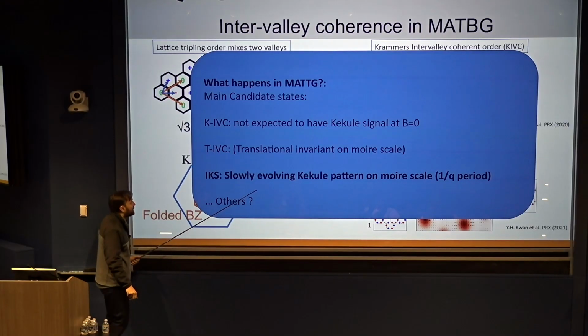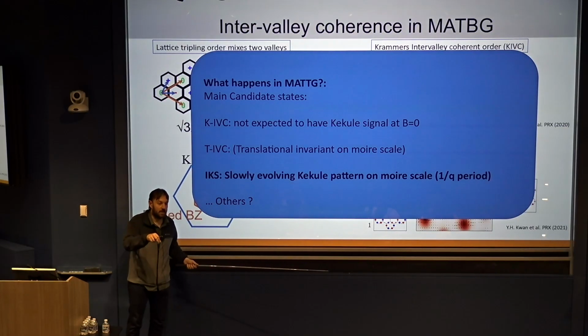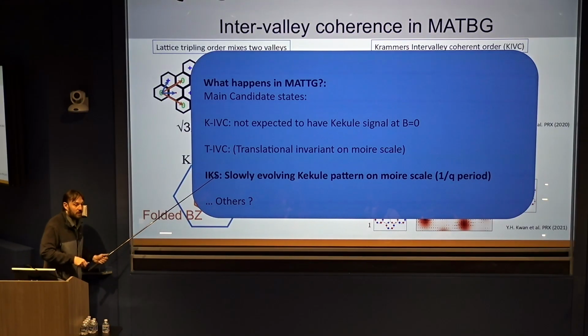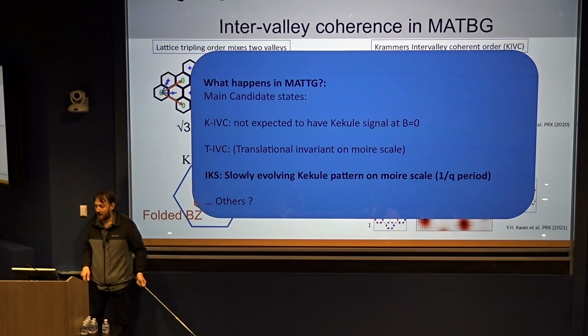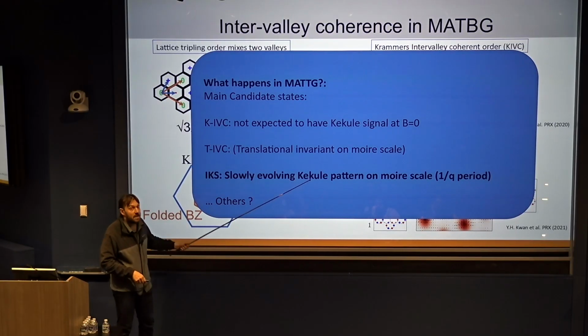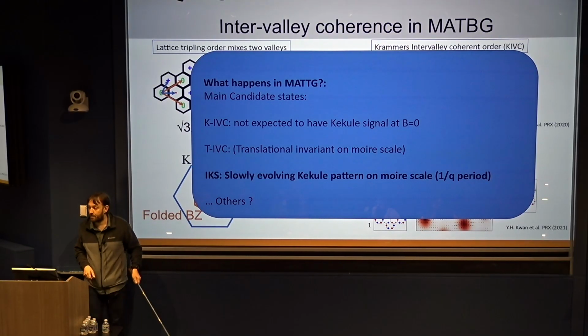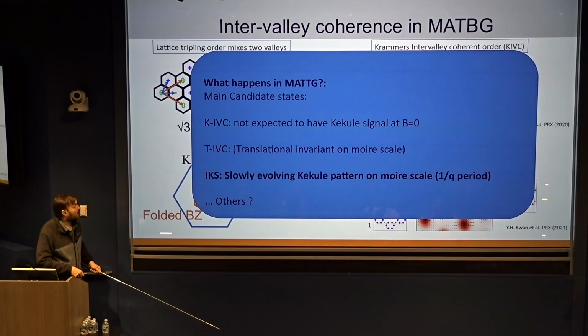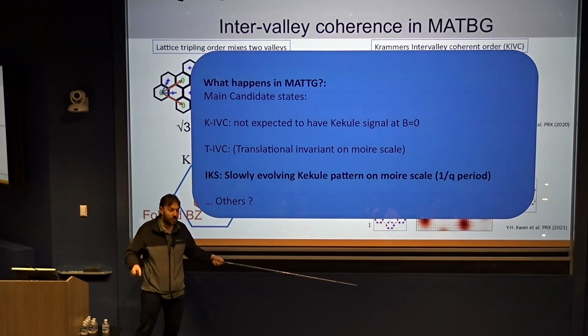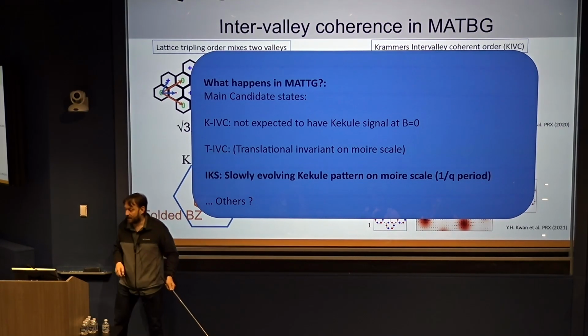Or you can see something that slowly evolves from one site to another, and somebody named this the incommensurate Kekulé spiral state. Okay. And in order to distinguish which one of these is actually happening, you need to scan somewhat larger areas, and you have to improve your sample quality somewhat.